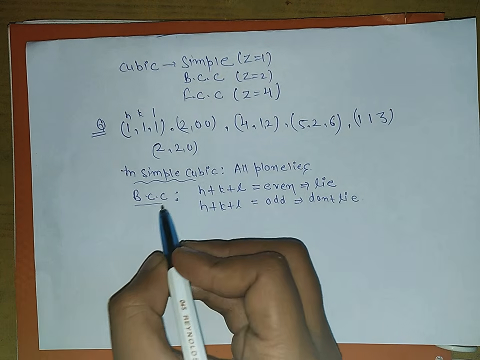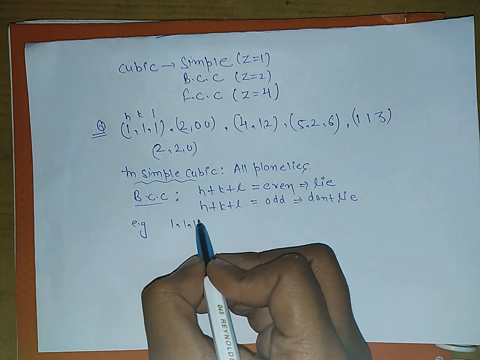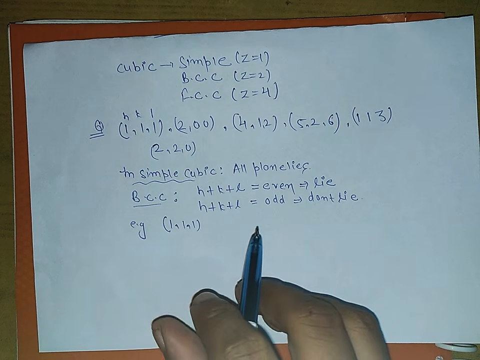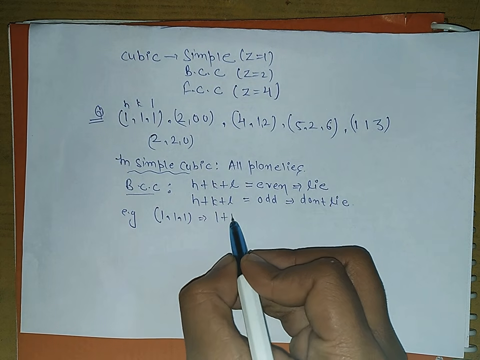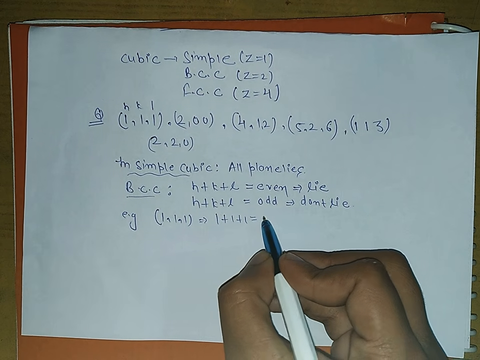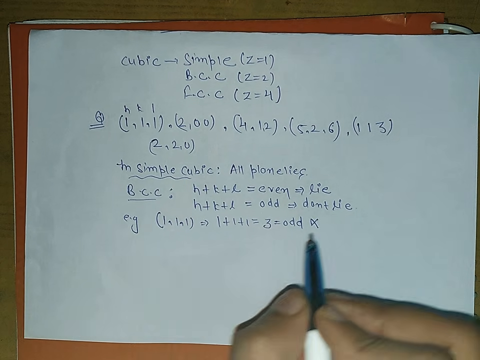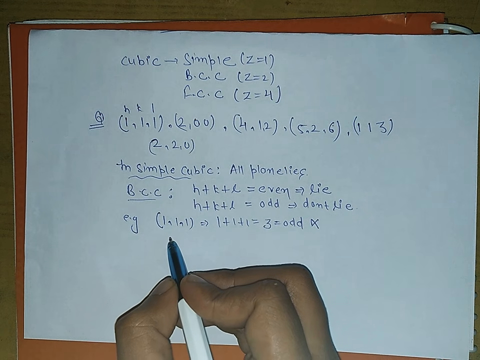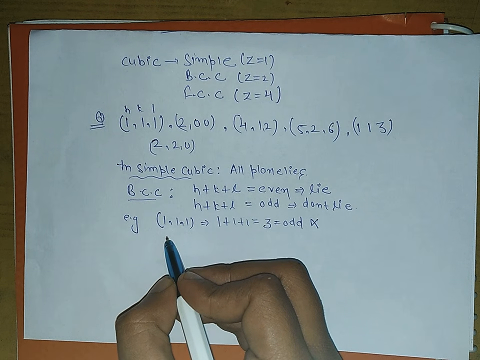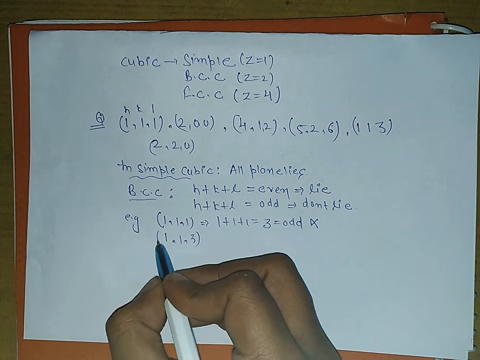Example, we have to check this 111, whether this plane will lie or not. Just add them: 1 plus 1 plus 1 is 3, this is odd, that means this plane will not lie in BCC. Now one more example, 1 1 3.